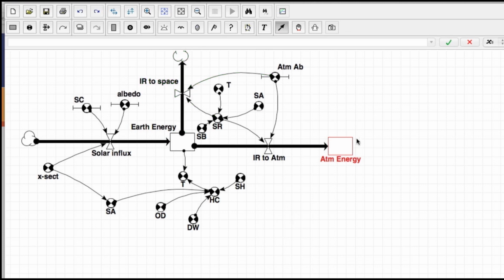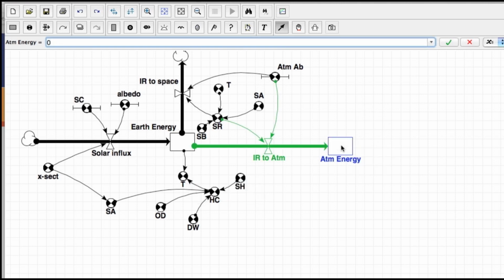Alright, now we're going to start dumping joules of energy that start at 0 in here. Don't worry, just like the Earth that started at 0, it added up joules and then started radiating out. Initially with a temperature of 0 Kelvin, you won't radiate anything, and so it has to get up to that equilibrium point. So it starts at 0 over here, and it's going to radiate out by a temperature, but not the Earth's temperature.